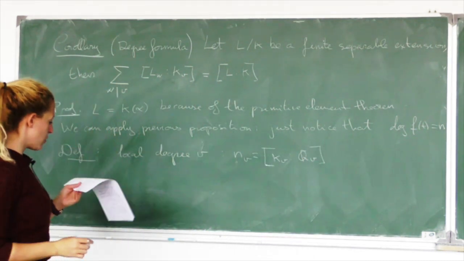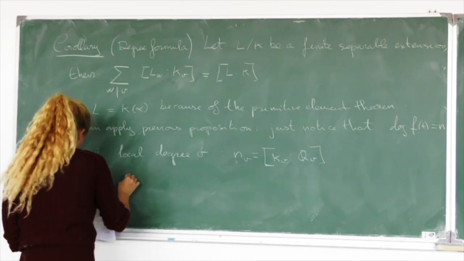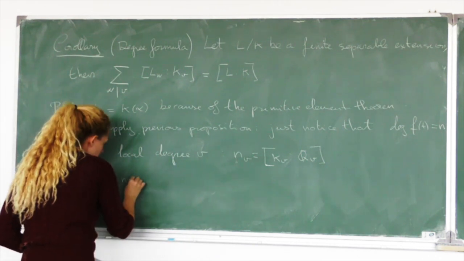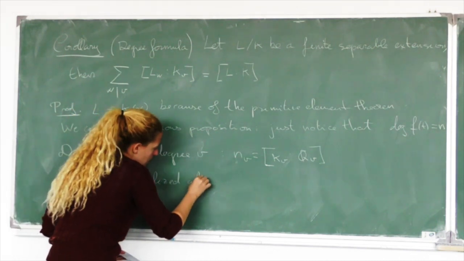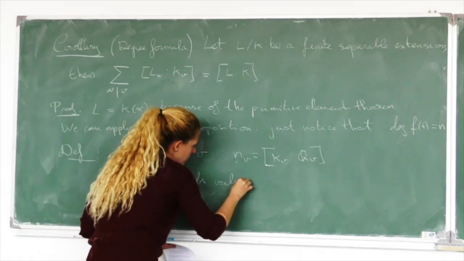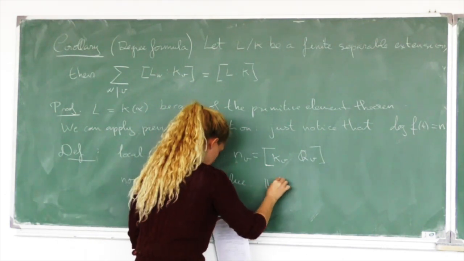So this is a definition for the local degree. And now with the local degree, I'm going to define the normalized absolute value like this.